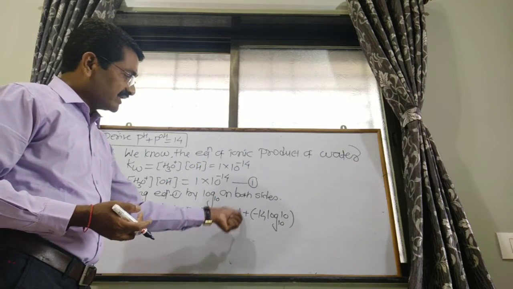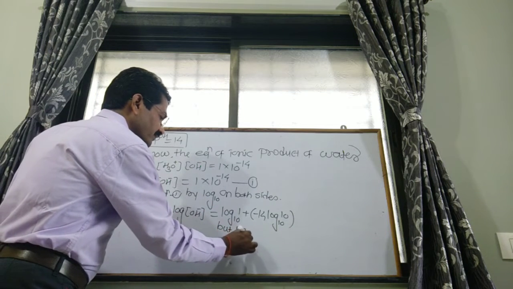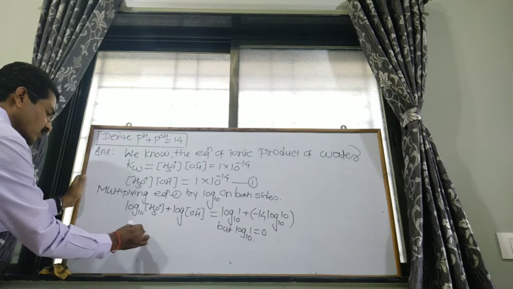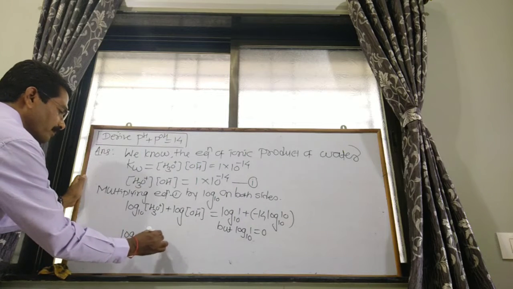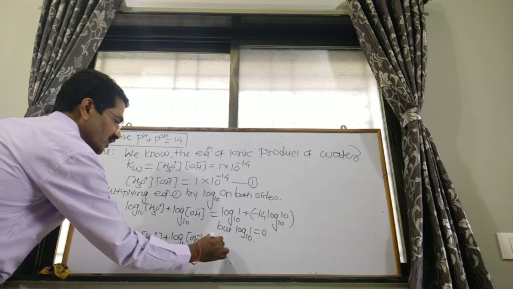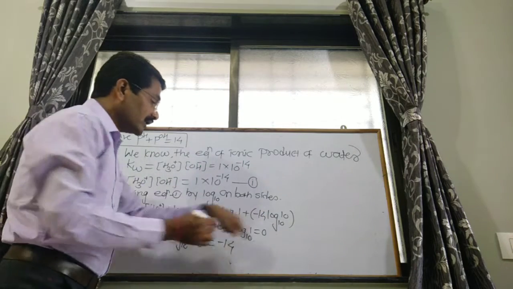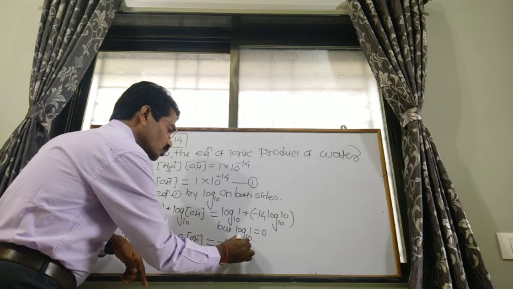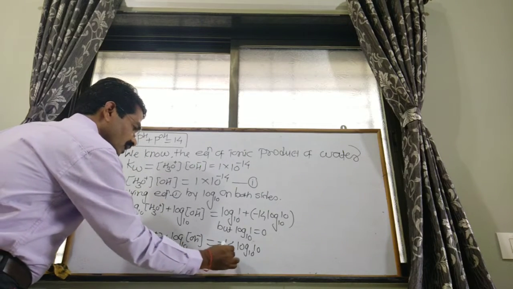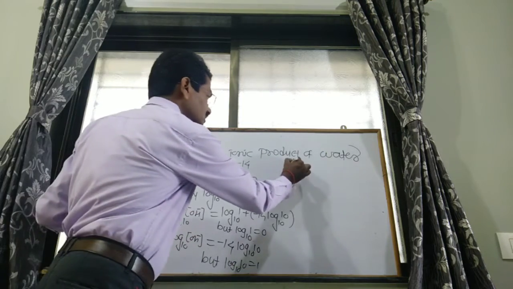But log to the base 10 of 1 is equal to 0, and log to the base 10 of 10 is equal to 1.